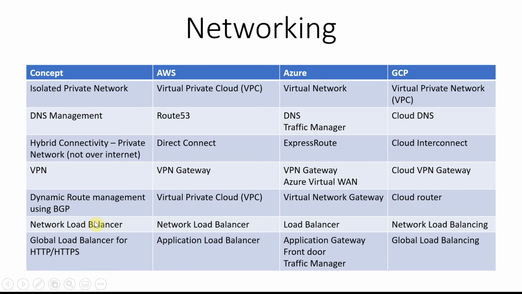So for this network load balancer, the answer is, in AWS it is network load balancer, in Azure it is load balancer, and in GCP it is network load balancing.